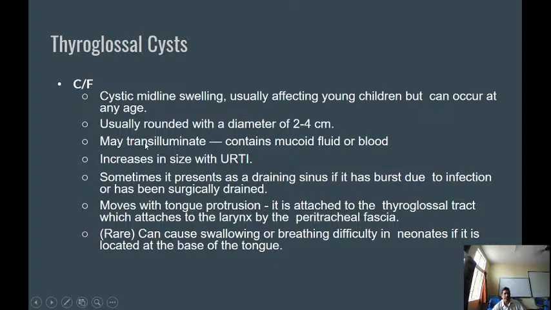And there may be trans-illumination possible when the contents of the fluid are clear. Initially they are not infected, and there is no hematoma or blood in these cysts. But once there is an infection, they become purulent and form an abscess. And when this abscess ruptures, it forms a small sinus.